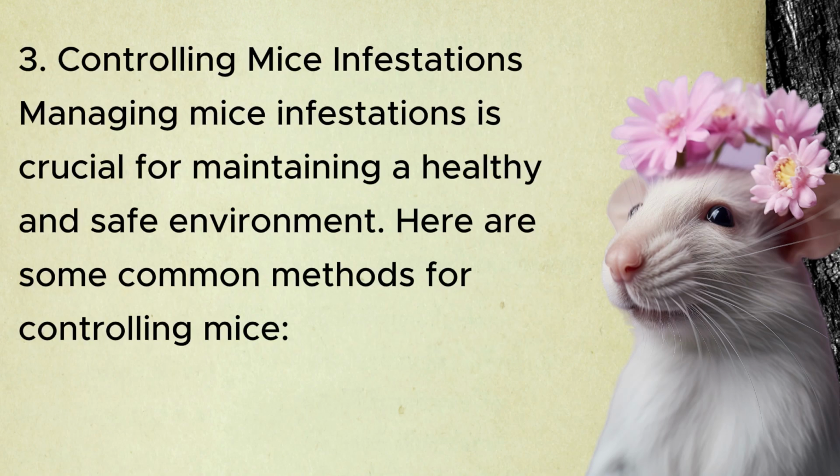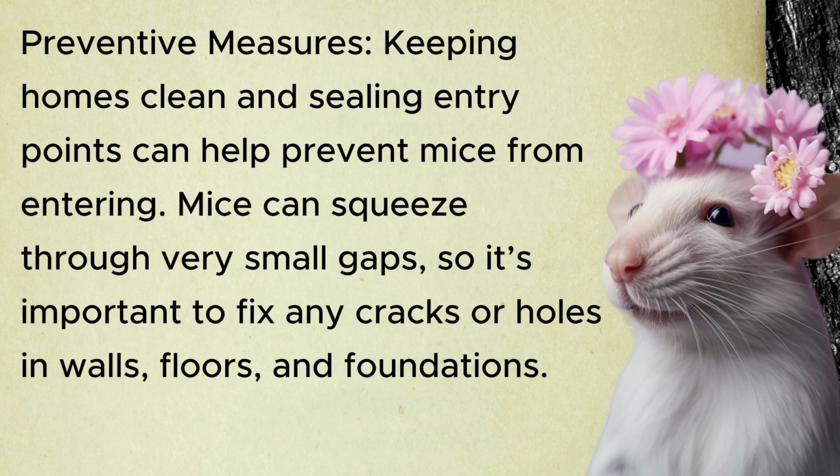3. Controlling mice infestations. Managing mice infestations is crucial for maintaining a healthy and safe environment. Here are some common methods for controlling mice. Preventive measures: keeping homes clean and sealing entry points can help prevent mice from entering.